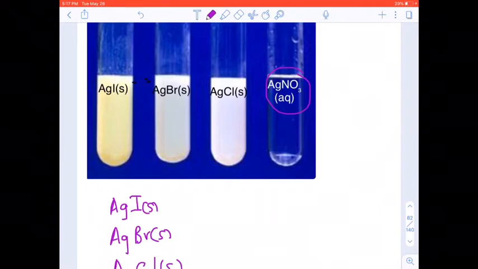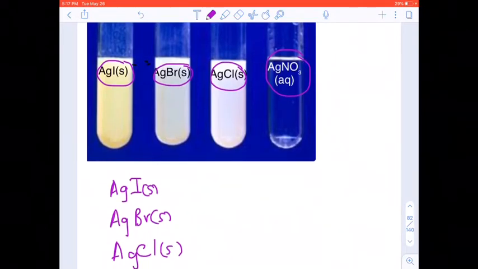dissolve in solution. And how do you recognize silver iodide? It is slightly yellow in color, right? If you look at silver bromide, it's white to pinkish, to creamish. And then you see silver chloride, right? It's whitish in the precipitate.